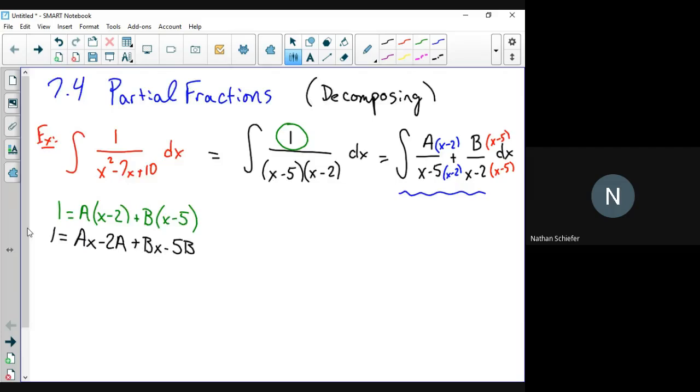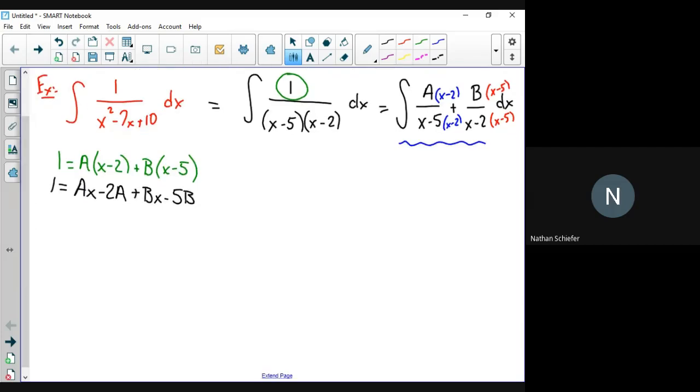And I would even go further and combine my a's, my x's, and then my constants. So I know 1 is equal to, I have ax and bx. So one way that I could write that is a plus b times x. And that's the way I'm going to choose to write that.